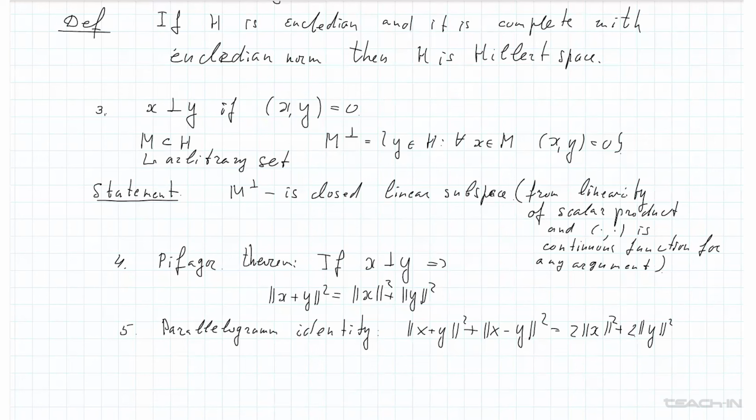You only use that the square of the norm, by definition of the Euclidean norm, is the scalar product of the vector with itself. And then you open the brackets by definition of scalar product.